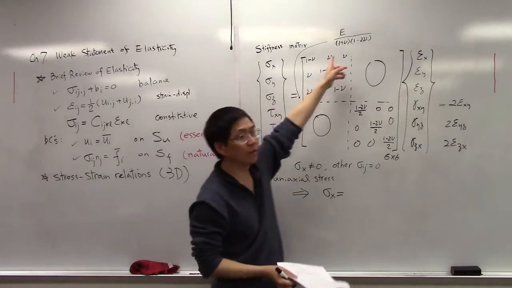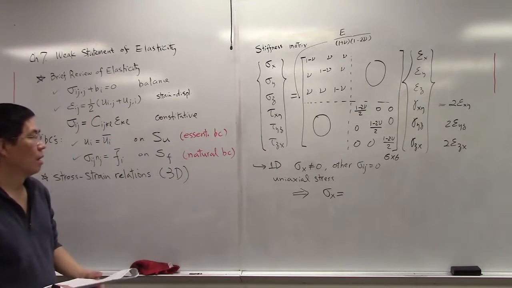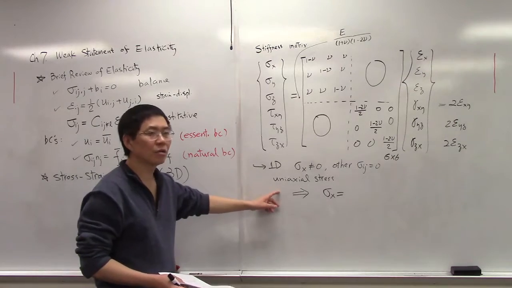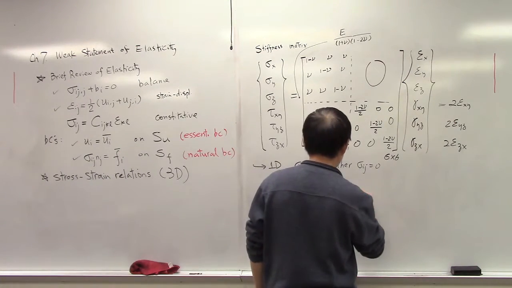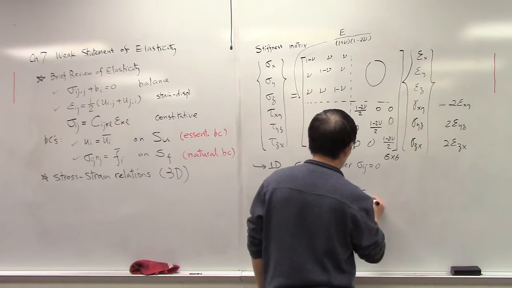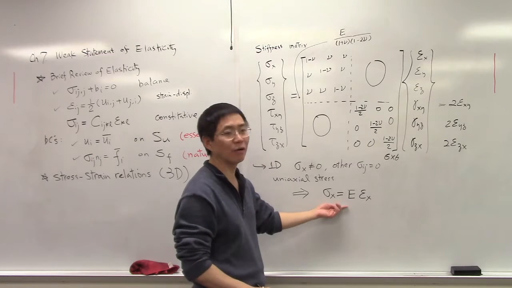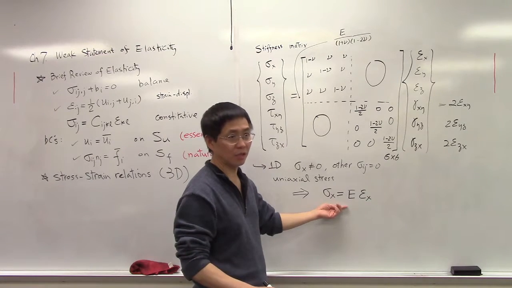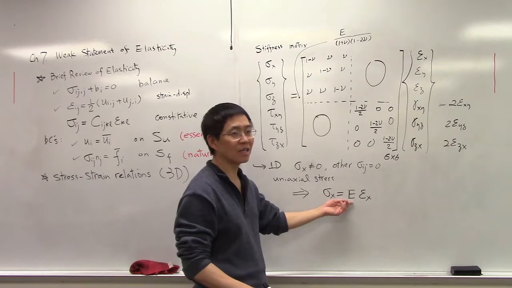So don't forget that big factor in front of it. For the uniaxial stress case, it turns out sigma x is directly linked to epsilon x by that. And this is the well-known Hooke's law. And that coefficient E here is the Young's modulus.